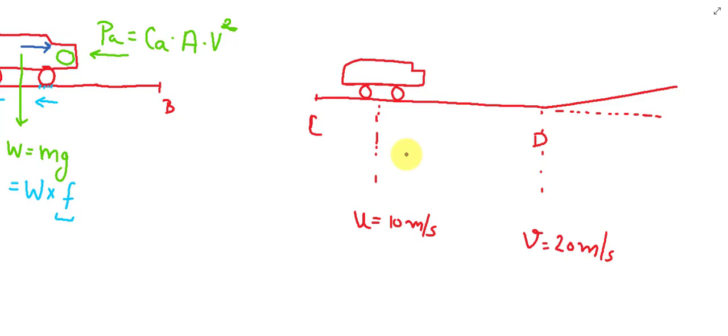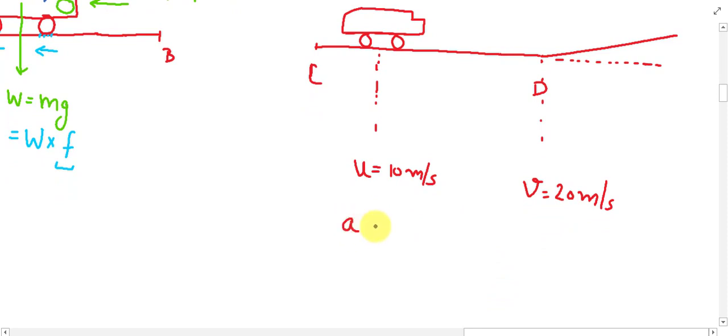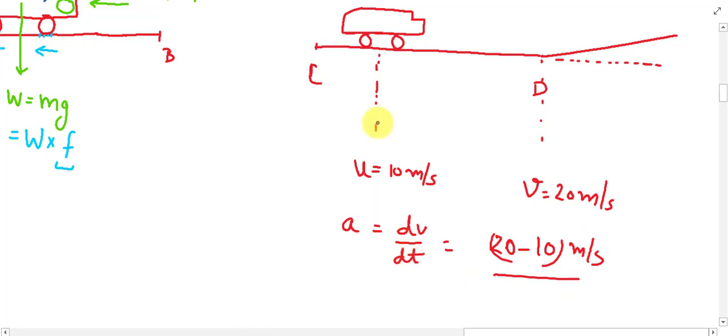produced by the vehicle. This acceleration is equal to the change in velocity with respect to time. The change in velocity is v minus u, which is equal to 20 minus 10 meter per second, and the change in time is the duration between the point where it is moving at 10 meter per second and point D where the vehicle is moving at 20 meter per second.